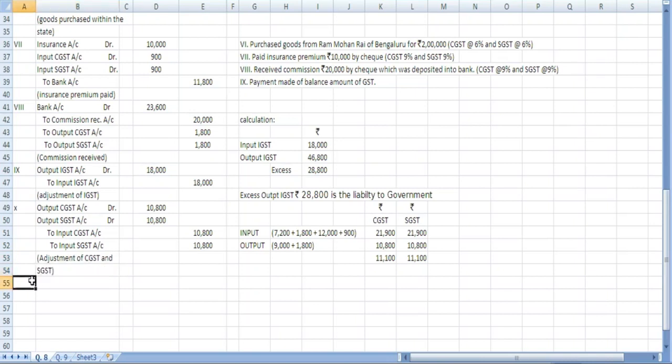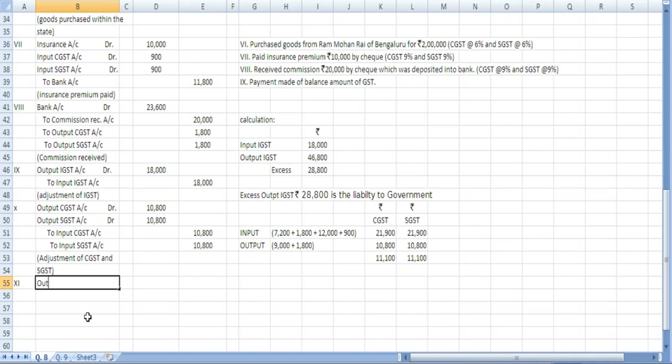Now we have the final one, that is number 11. Now here you can see that we had collected 10,800 but we had paid the excess of 11,100. So we have settled with the CGST and SGST 10,800, 10,800. Now the remaining of IGST will be settled.